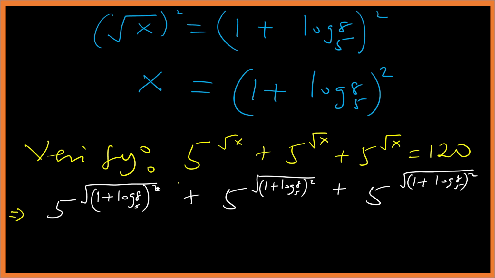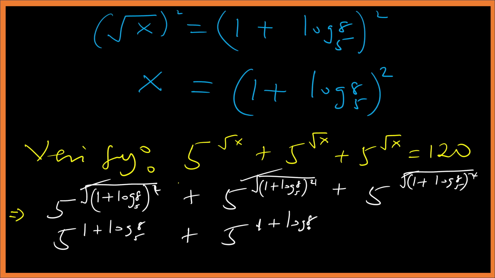Okay, so the square root and the square will cancel on each term. I will have 5 raised to 1 plus log 8 base 5, plus 5 raised to 1 plus log 8 base 5, plus 5 raised to 1 plus log 8 base 5.